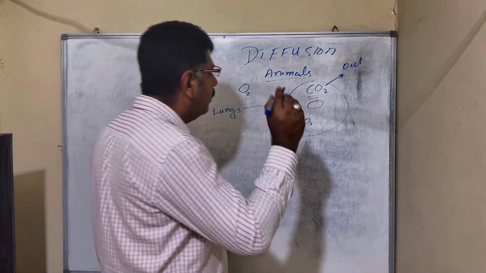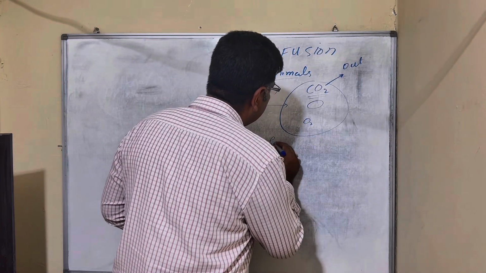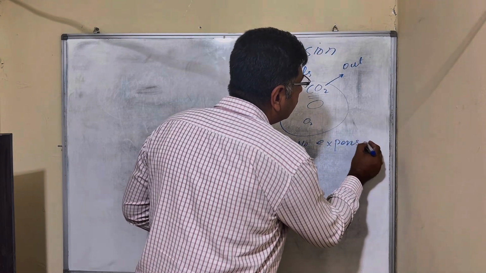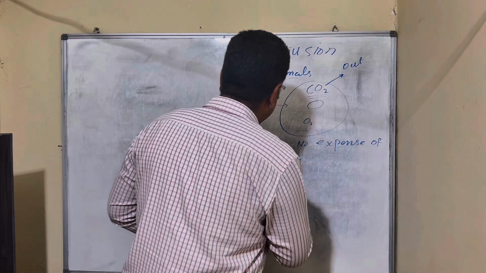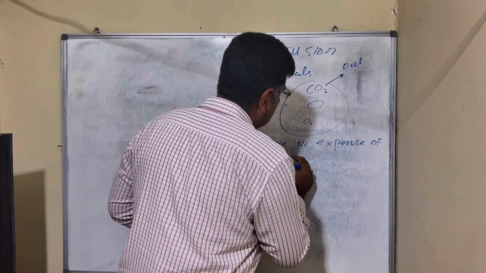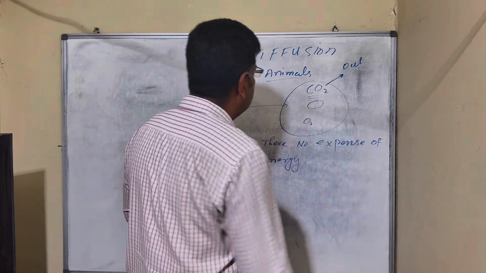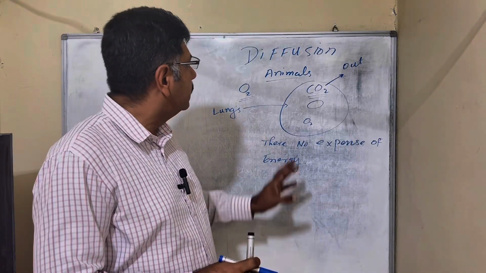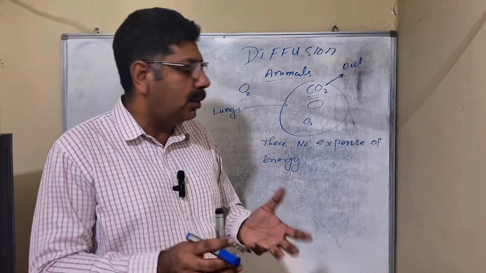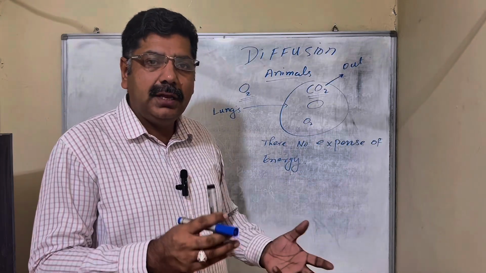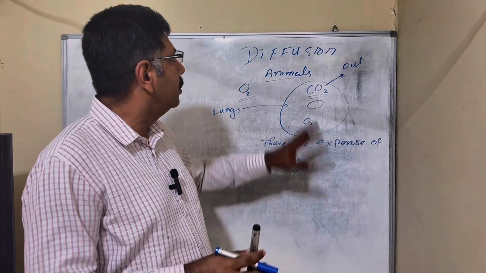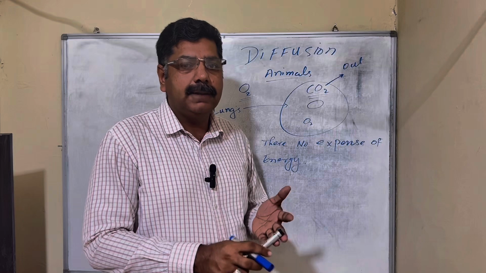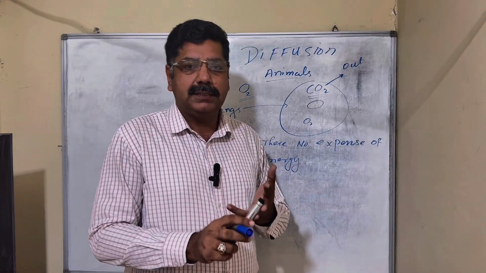And one more thing, there is no expense of energy. There is no need of energy for the diffusion. So this diffusion is sort of involuntary and automatic process. So diffusion is important for the living things like plants and animals at the same time.